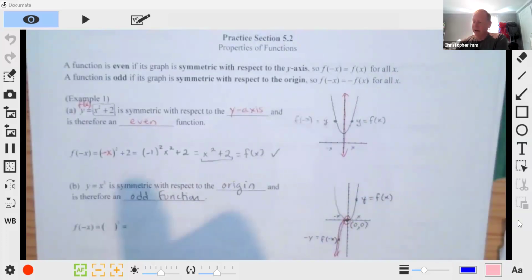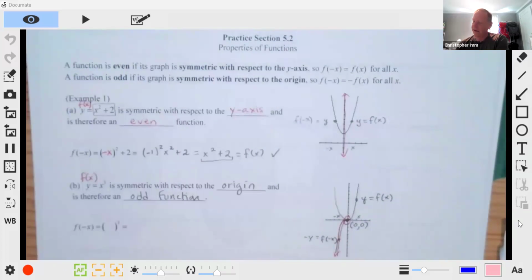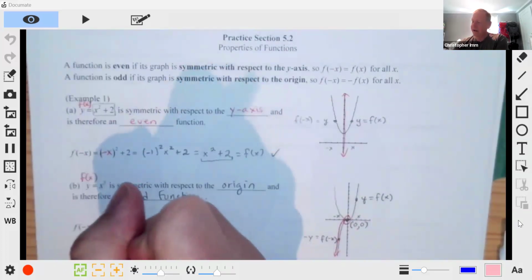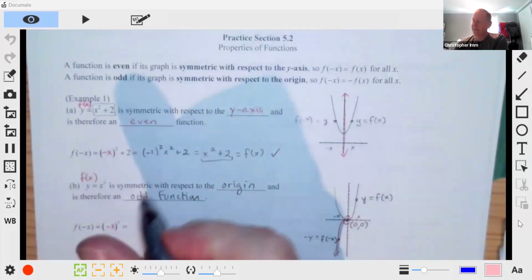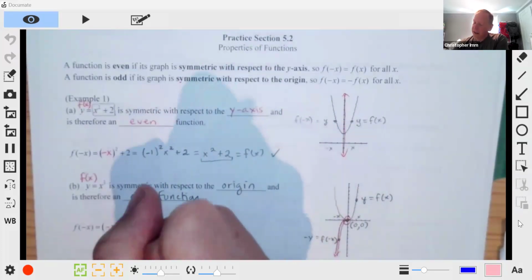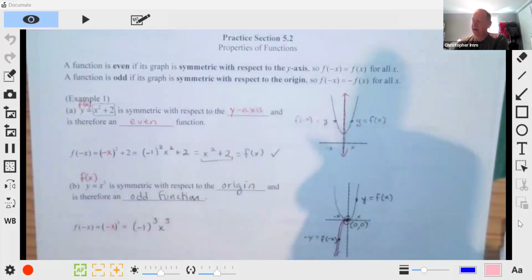So now, if I want to prove that algebraically, I can take f of negative x. So here's my function now. f of x is equal to x cubed. So I'll have f of negative x. I plug in a negative x wherever I see x. So that's negative x cubed. That's going to be equal to -1 cubed times x cubed. When I simplify -1 cubed, that's -1 times -1 times -1.